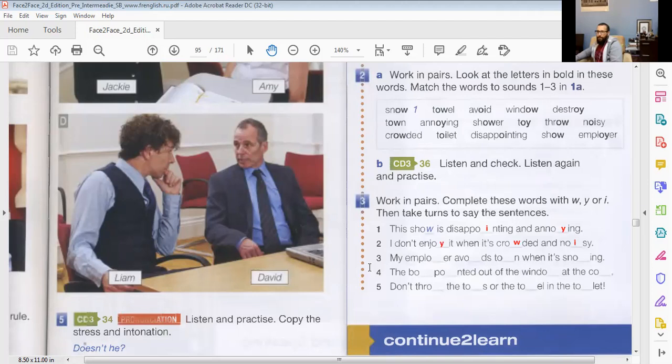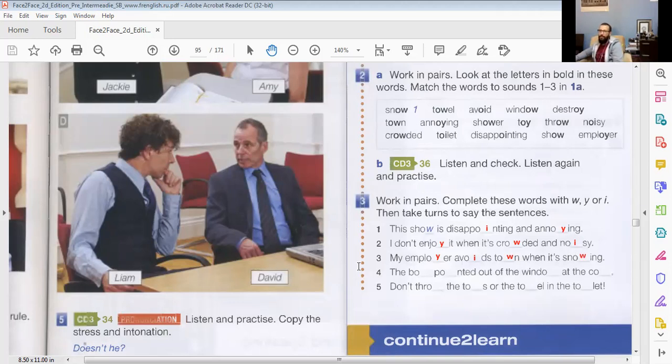My employer avoids this town when it's snowing. And the missing letters? Y, employer, avoid I, town, W, snowing, W.